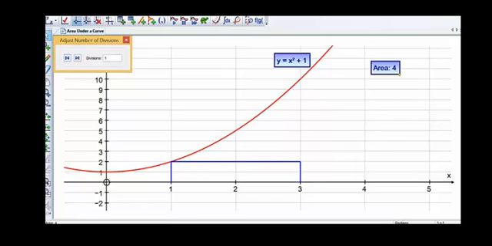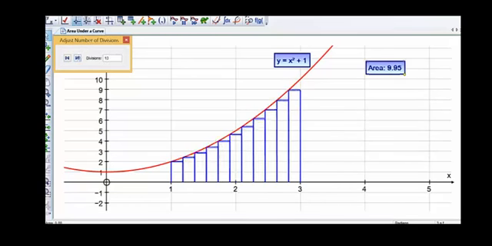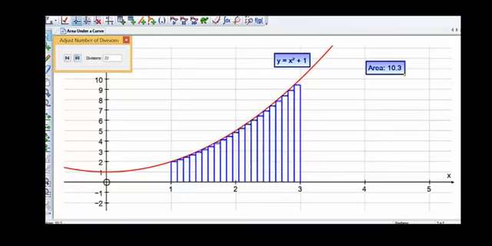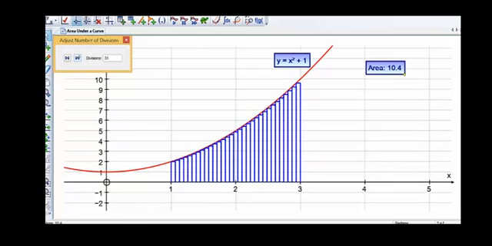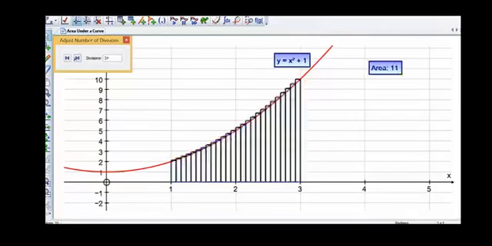We start with 1 strip, the area is 4, and as I increase the number of strips, the area also increases, and as we keep increasing it, the area is around about 10.4.